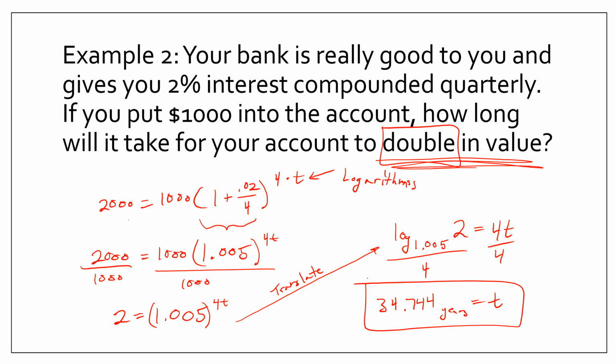Now, really, my interest is only being given to me every quarter, so this might be a little illogical. Maybe I should really say that t equals 35 years, rounding up to the next payment period. Or if we're being really technical, since it's compounded quarterly, maybe 34.75 years would make sense. But anyway, the point is, around this many years is when I will have doubled in value.